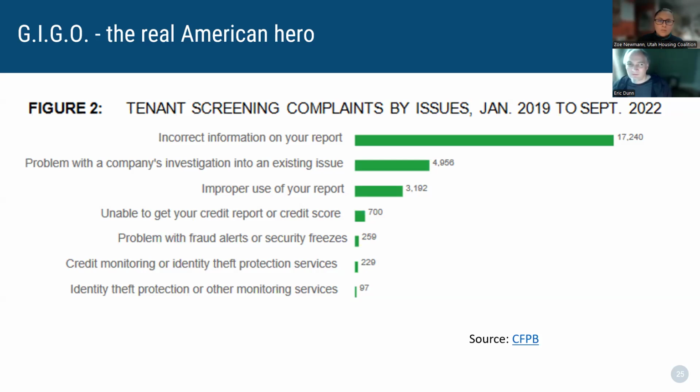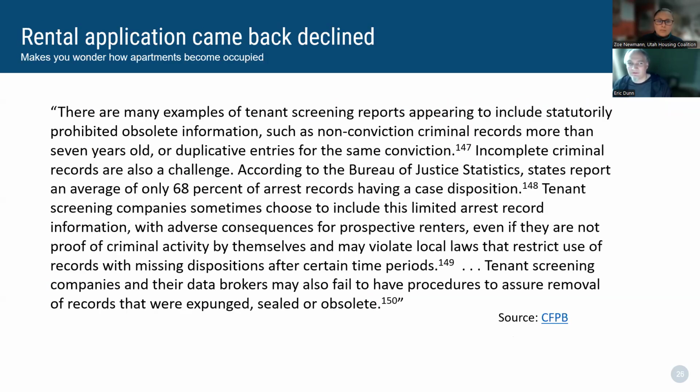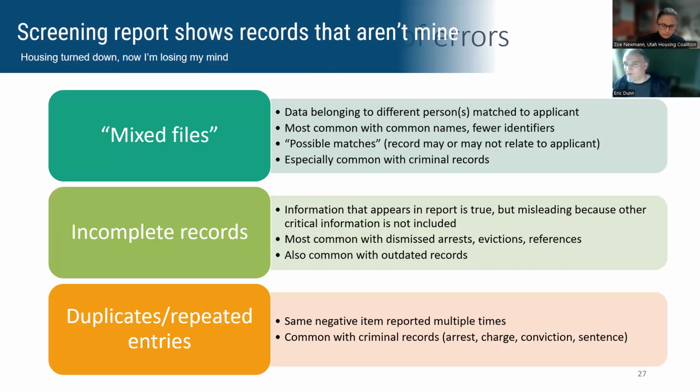Problems with incorrect information on people's reports is far and away the leading cause of complaints to the CFPB. Just some of the different things that can go wrong on these reports are what is called a mixed file, or one person's information being confused with somebody else's.